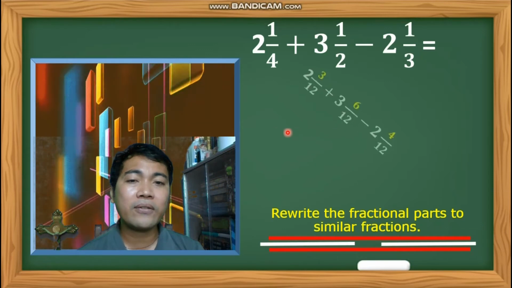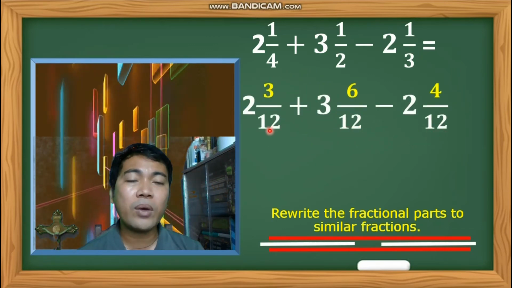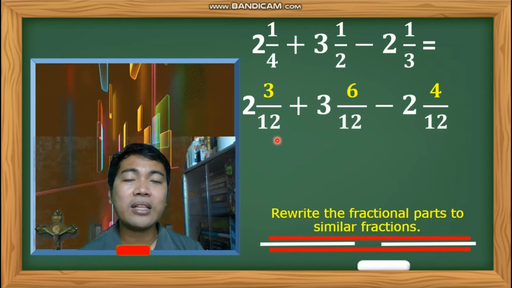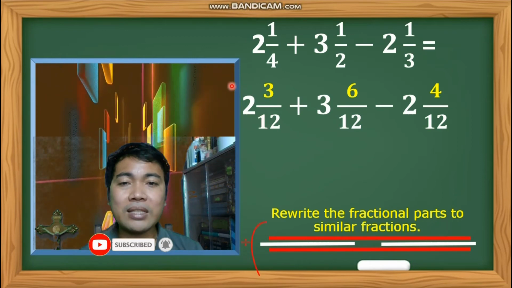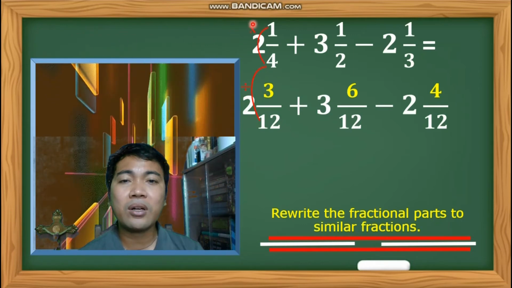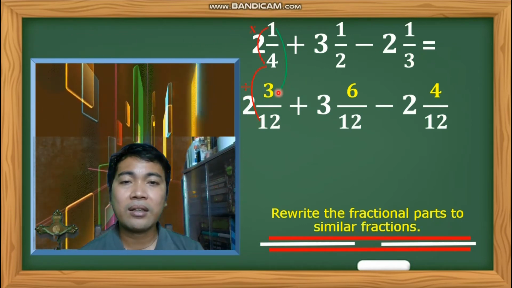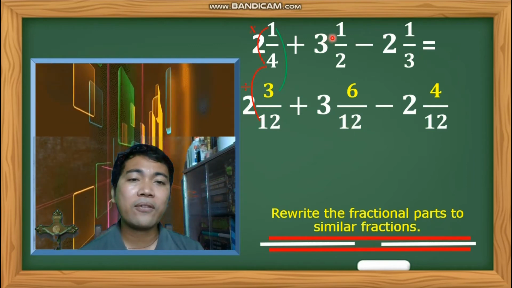Unang gawin, first is, we have to divide 12 by the denominator of the first fraction. 12 divided by 4 is 3. And then, times the numerator, which is 1. 3 times 1 is 3. Next, second fraction is 3 and 1/2.